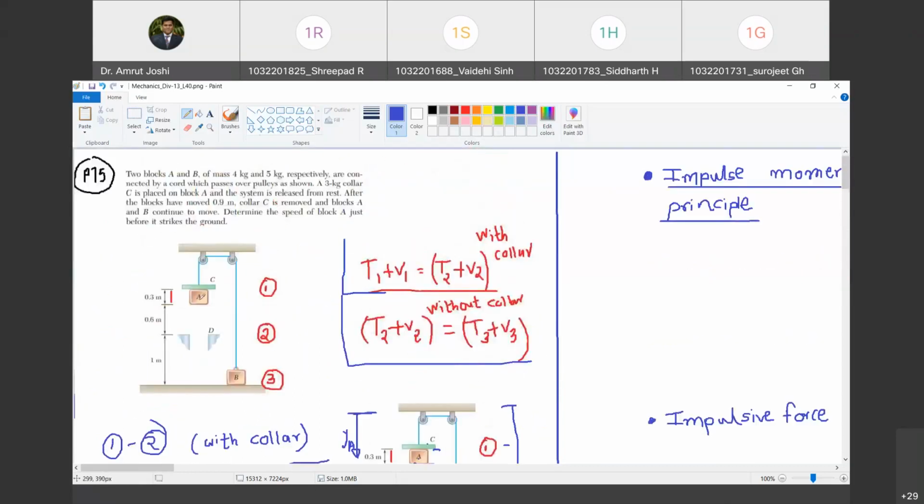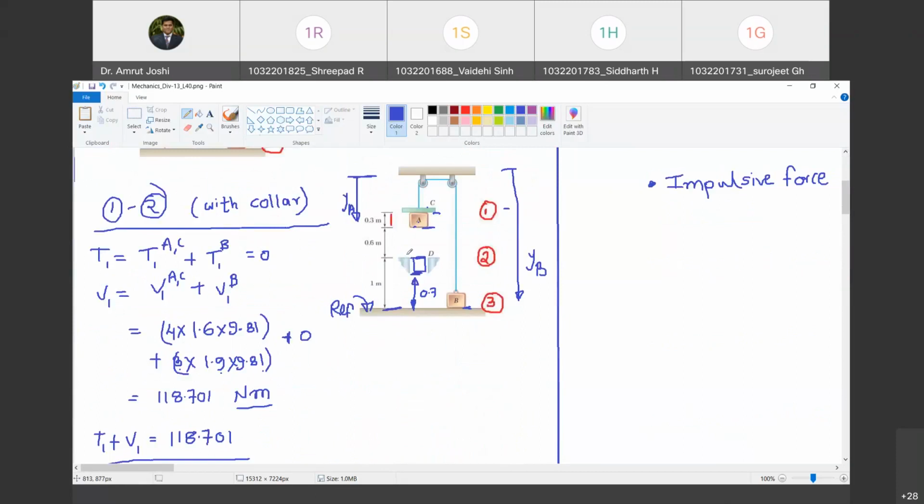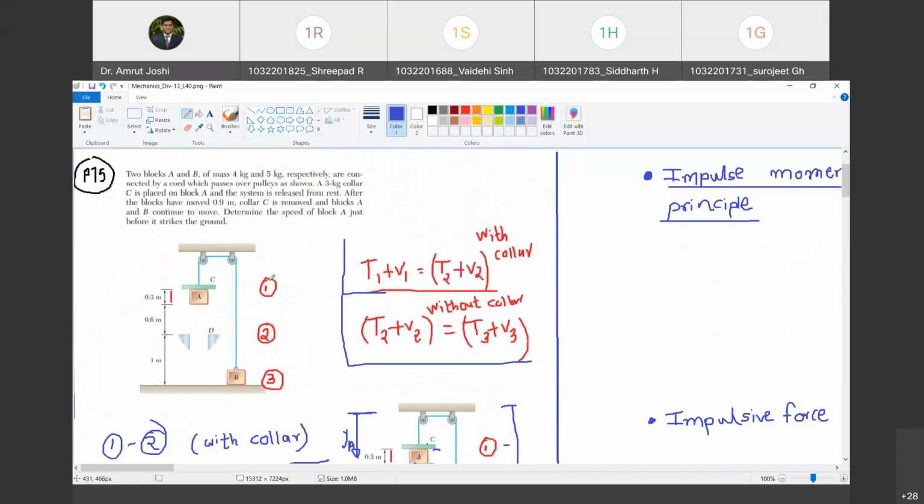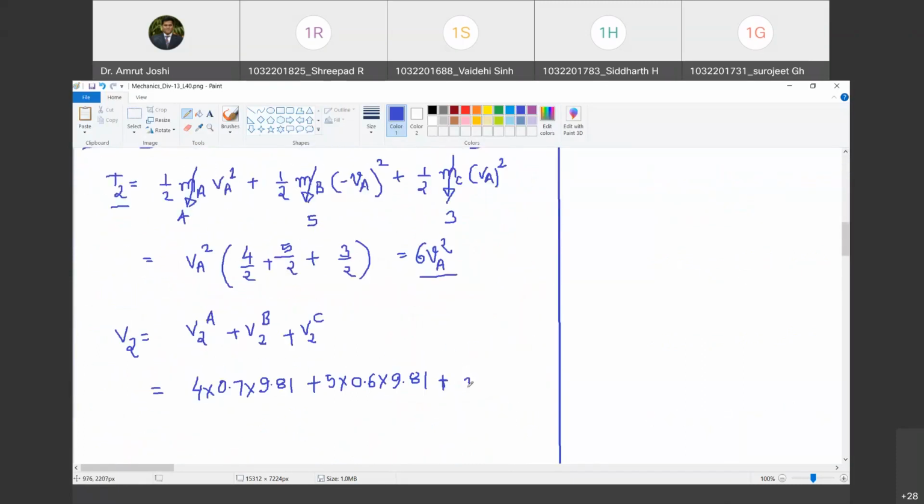Plus, let us write down the potential energy associated with block C. So what is the potential energy associated with block C? Block C is resting here in position number 2. So 1 meter is the height and block C is of 3 kg. So plus 3 into 1 into 9.81. This is the potential energy associated with the system at position number 2.